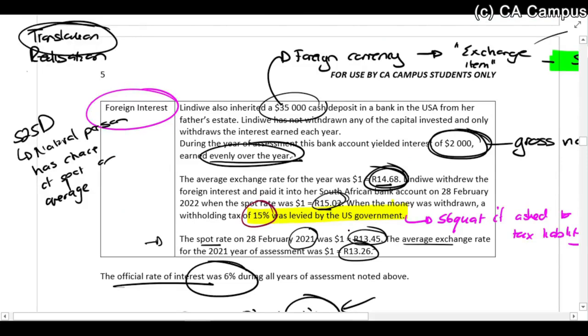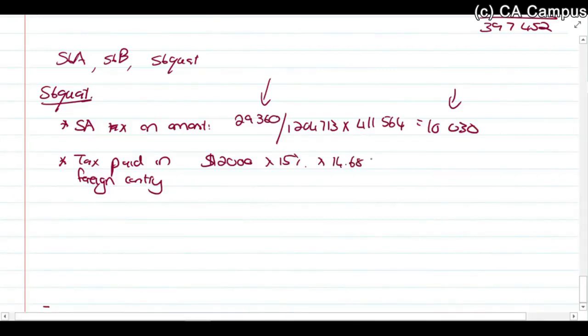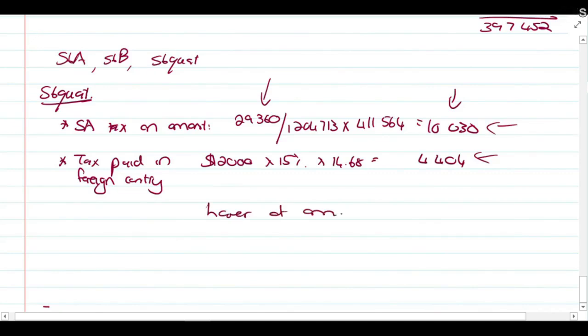It must be the average exchange rate. So the average exchange rate for this year was 14.68. Okay, so that means the amount of tax paid in America was 4,404. So the lower of those two amounts is the section 6quat amount. So in this case, the 4,404 rand, which is the lower amount.